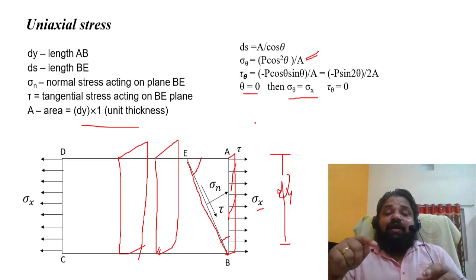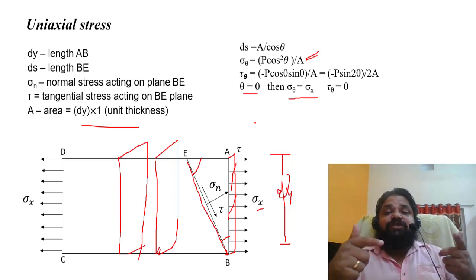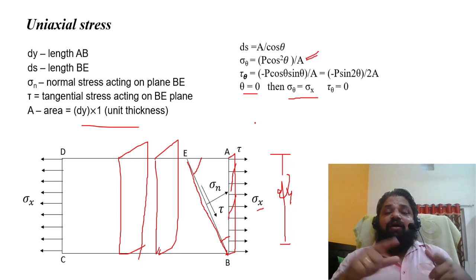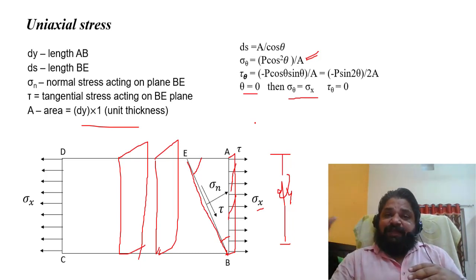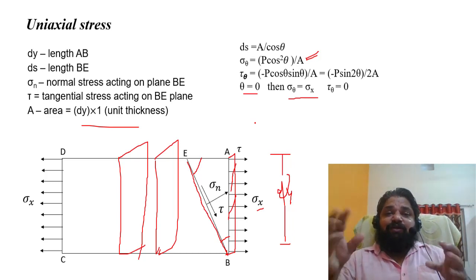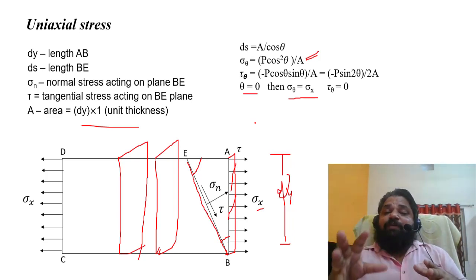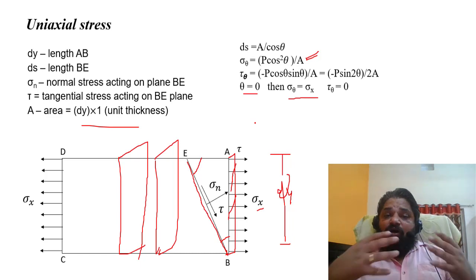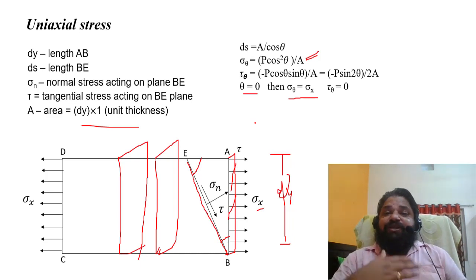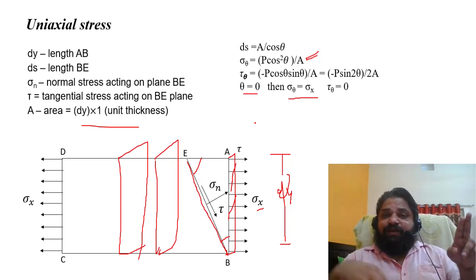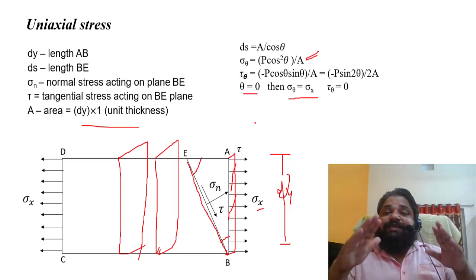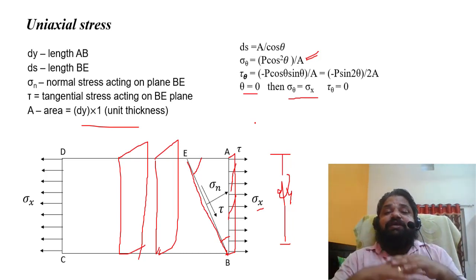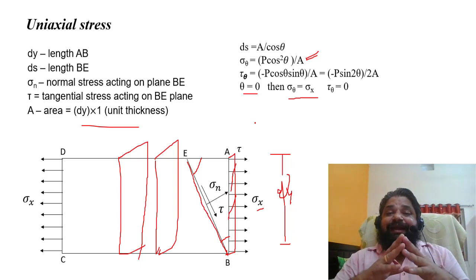As I said earlier, if I am taking a point, why am I considering the point as a rectangle or a square, neither a triangle nor a circle? Because mathematically it is easy to evaluate that area. Similarly, if I am interested to calculate the inclined plane when it is under all kinds of stresses, that means a combination of normal stress as well as shear stress, a triangular element gives better concept and better clarity.